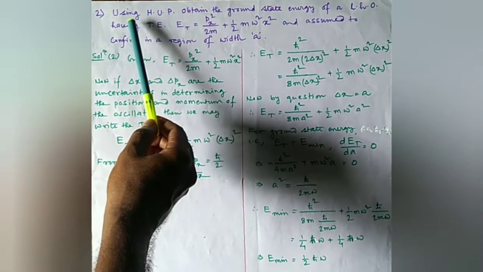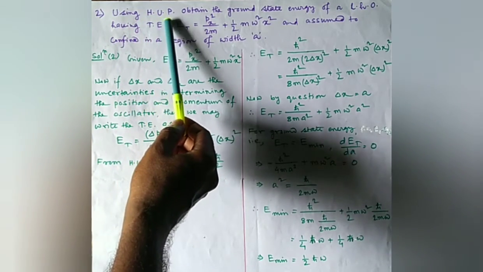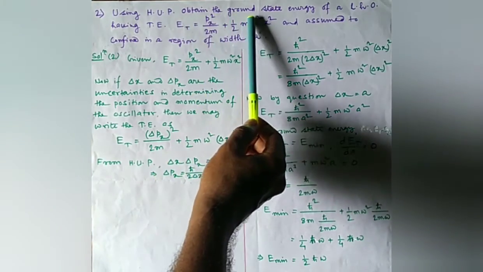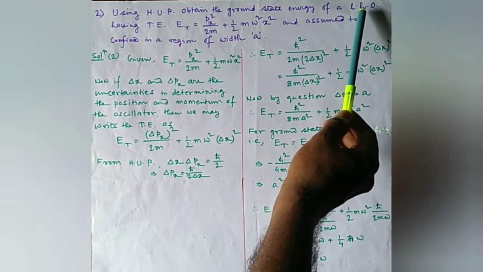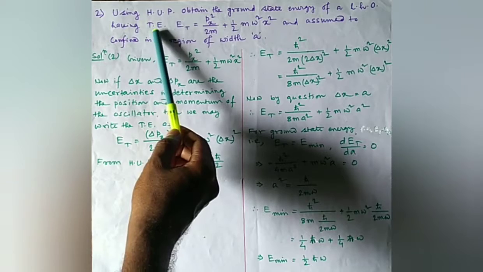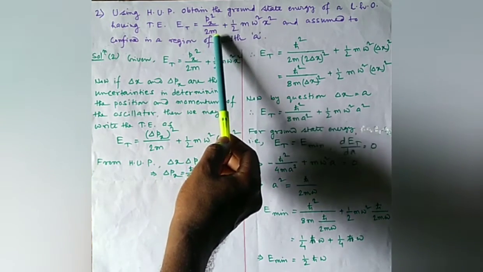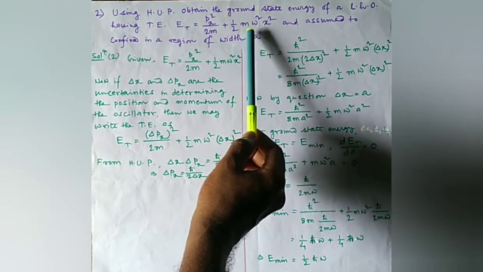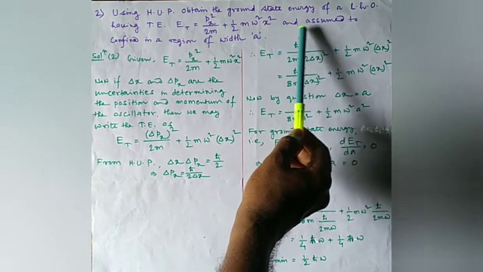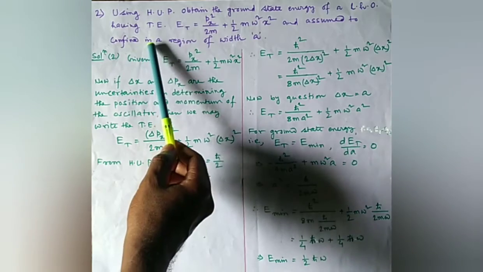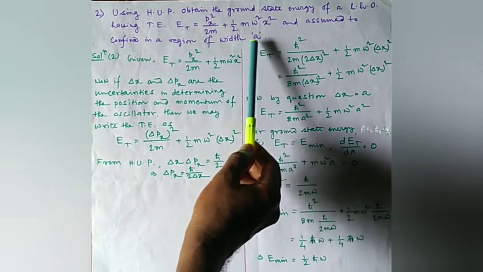Number 2. Using the Heisenberg uncertainty principle, obtain the ground state energy of a linear harmonic oscillator having total energy Et equals px square by 2m plus half m omega square x square, and assume it is confined in a region of width a.